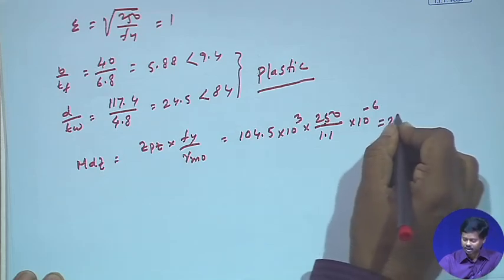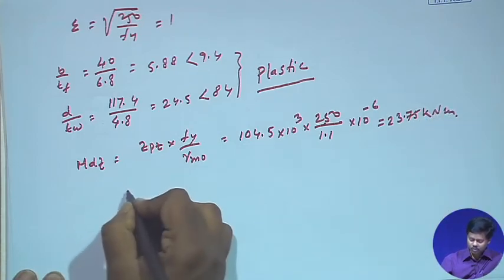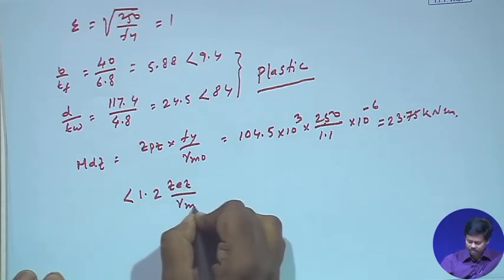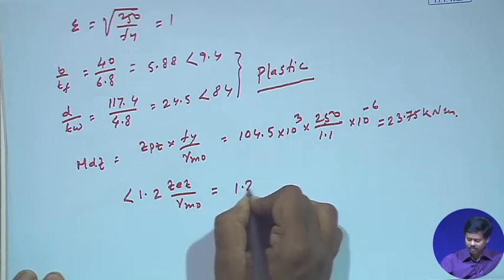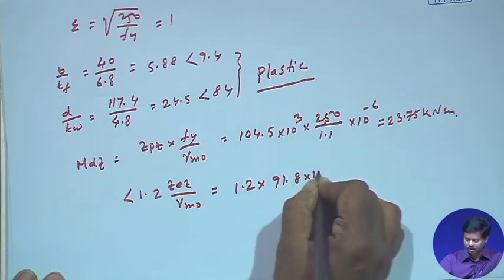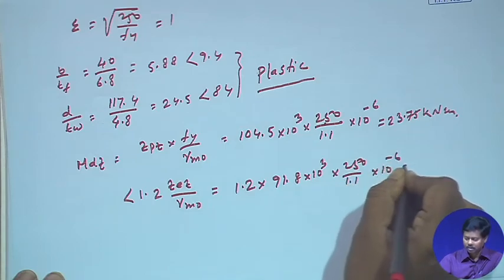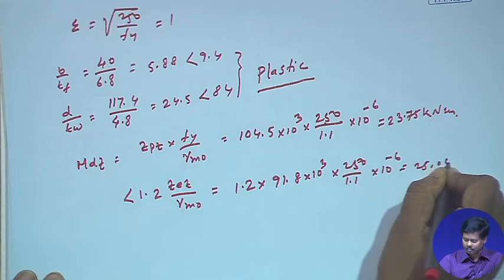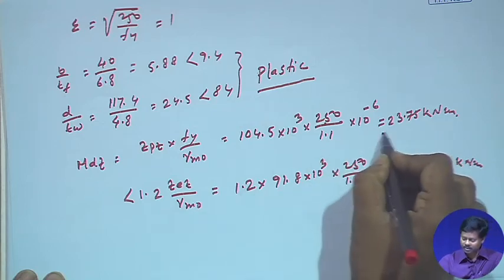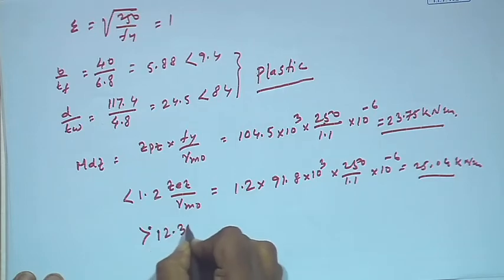So, this becomes 23.75 kilonewton meter, and it should be less than 1.2 Zez by gamma m0. If we calculate that, 1.2 into 91.8 into 10 cube into 250 by 1.1 is equal to 25.04 kilonewton meter. So, Mdz value should be less than this, and it is okay. The maximum moment Mz was 12.35.